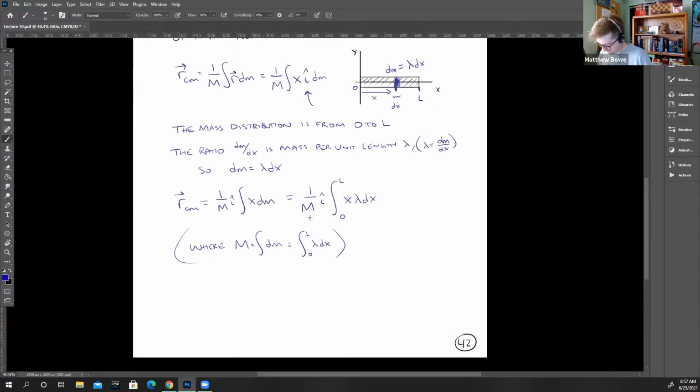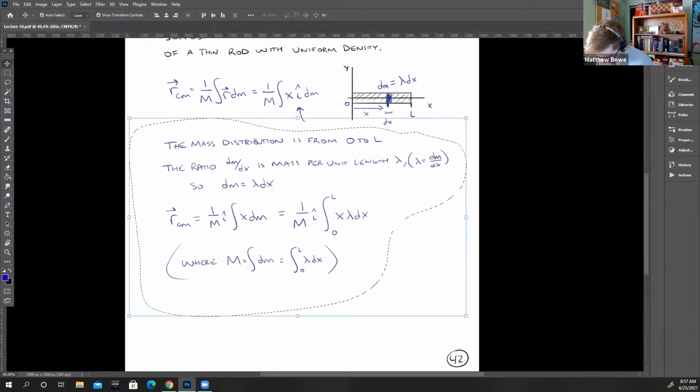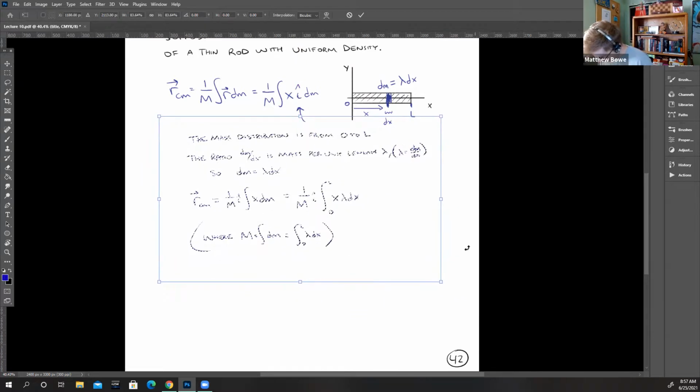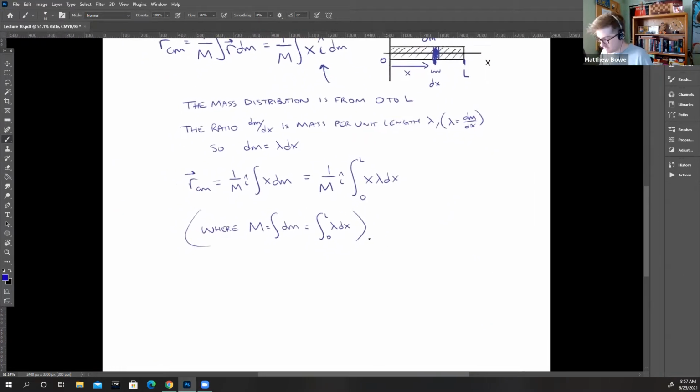So now we're going to have this integral out front and an integral right here. Let me shrink this down a bit. I need just a bit more room. All right.